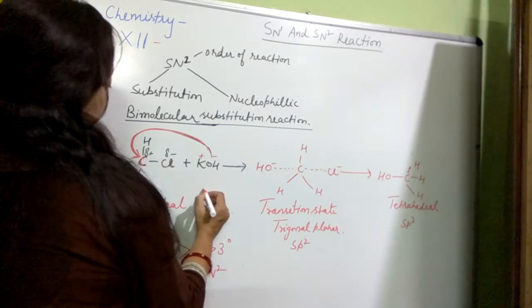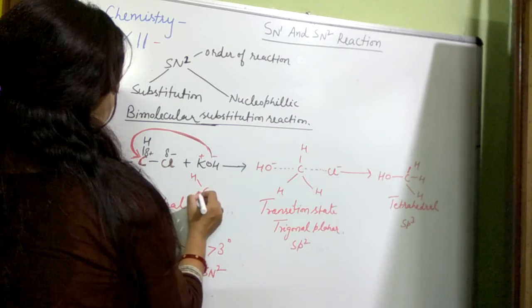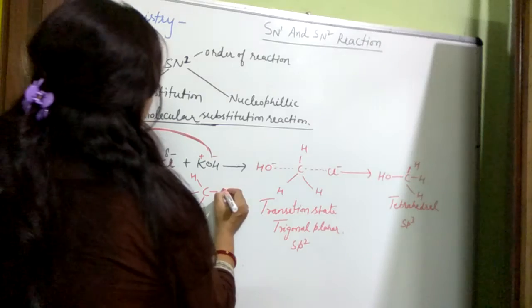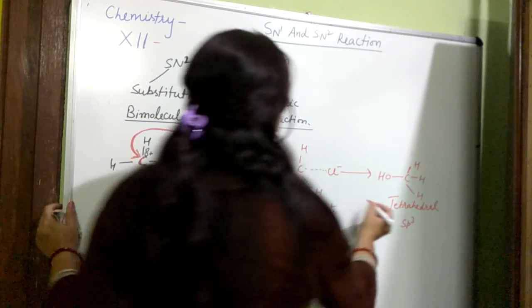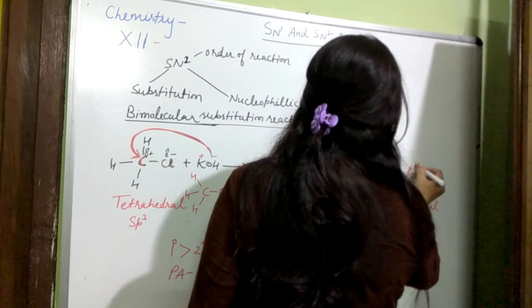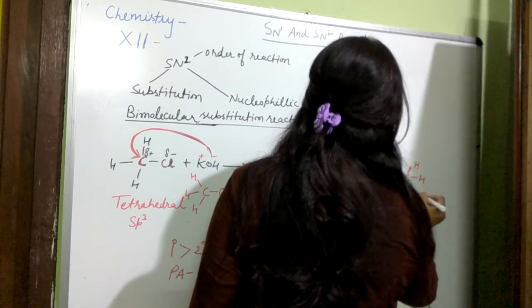Here, due to presence of Cl, the shape of tetrahedral carbon is this, and here due to OH it moves to the opposite side of the carbon.